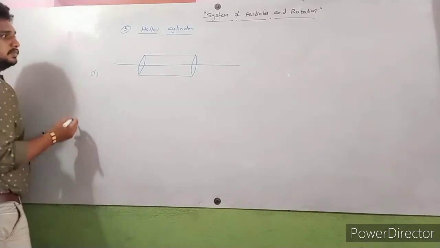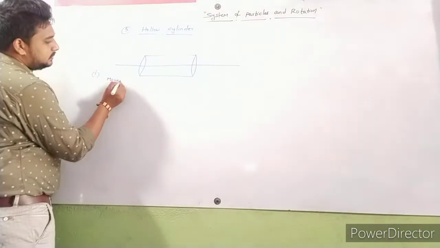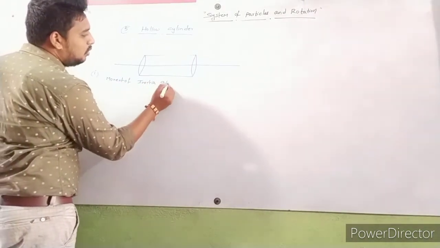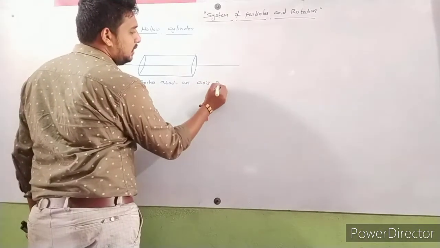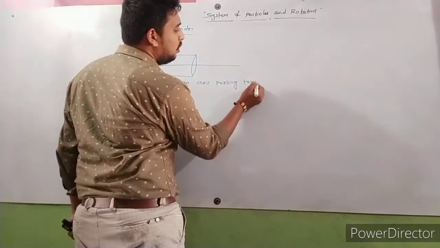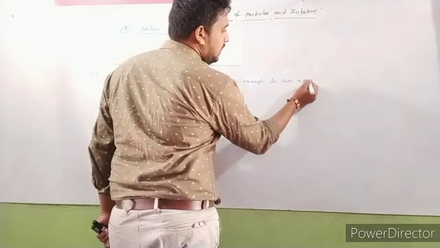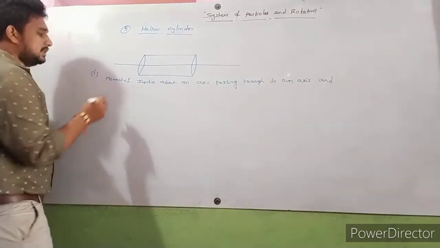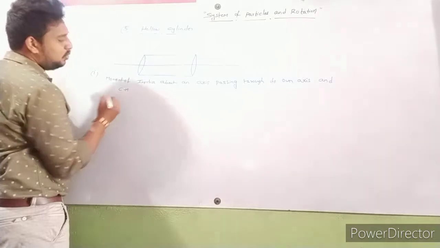Case 1. Moment of inertia about an axis passing through its own axis and center of mass.